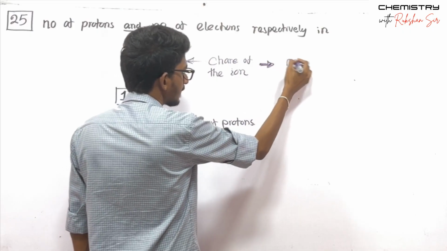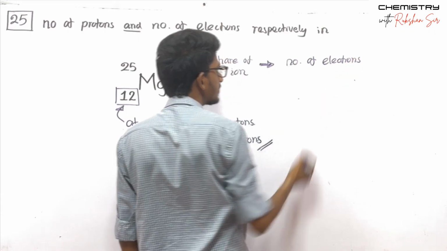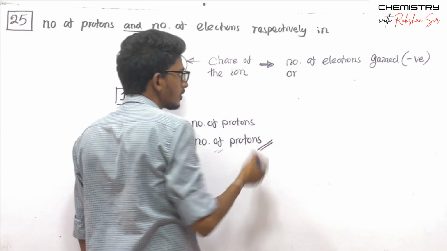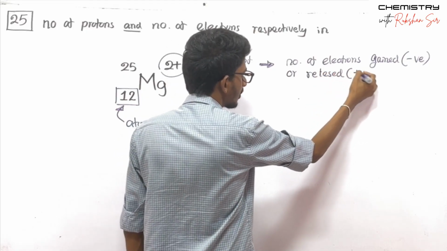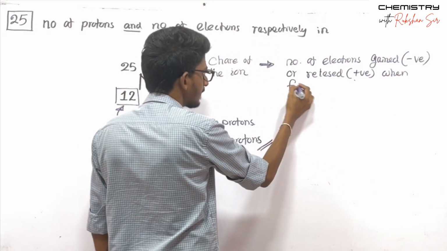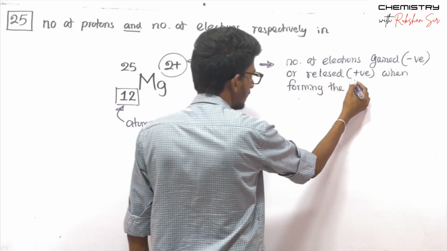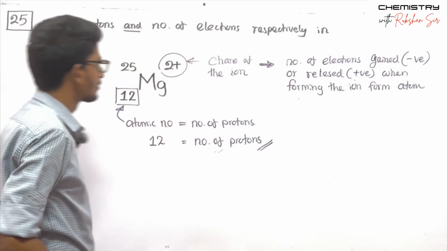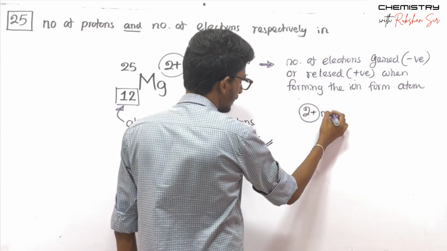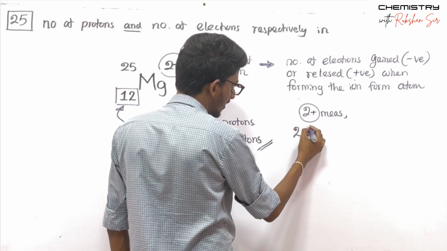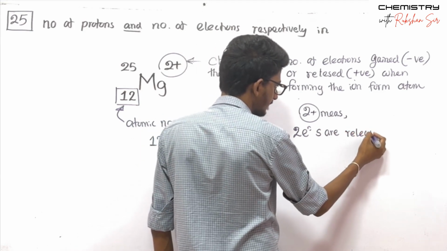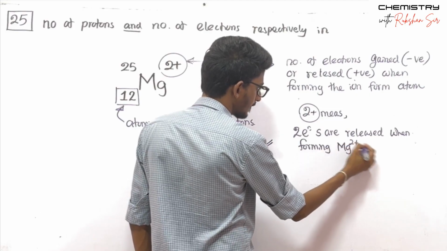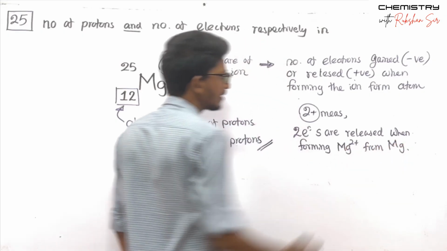It represents the number of electrons gained for negative charges, or released for positive charges, when forming the ion from the atom. So a 2 plus charge means 2 electrons are released from magnesium in forming the magnesium 2 plus ion from the atom.